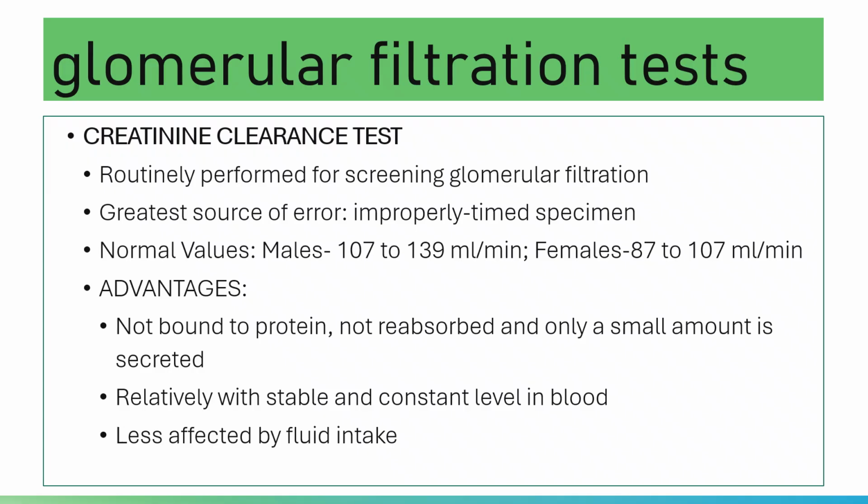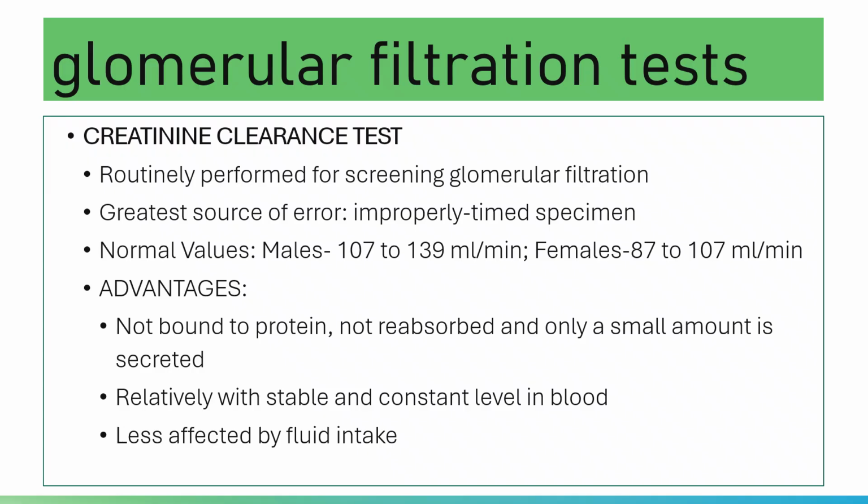But then, in your creatinine clearance test, the greatest source of error is an improperly timed specimen, because for this one you need a timed sample. Normal values for your creatinine clearance test: for males, you have 107 to 139 ml per minute.